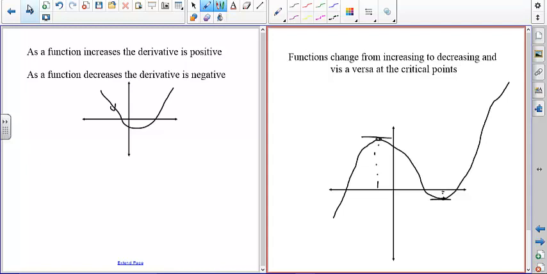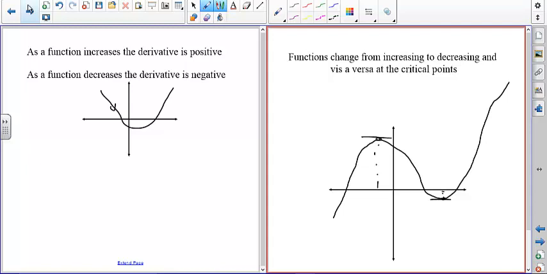So the next thing is functions change from increasing to decreasing and vice versa at critical points. So that's a relationship between critical points and the graph. Now the opposite is not true. At critical points, the function changes from increasing to decreasing. It could, but it doesn't have to.